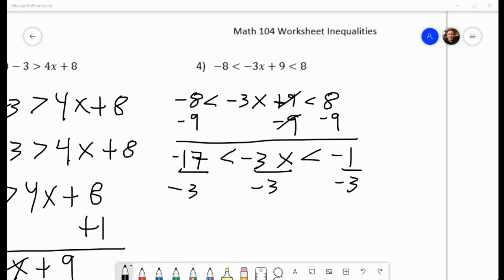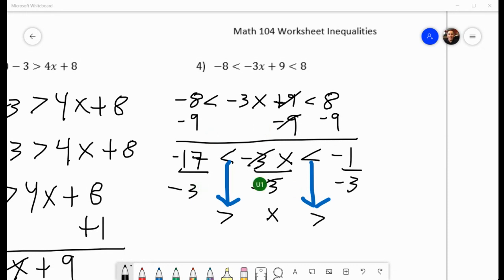So anyway, when we divide or multiply by a negative, what do you do to the inequalities? You turn them around. Okay? That's what I'm trying to indicate here. You turn them around.